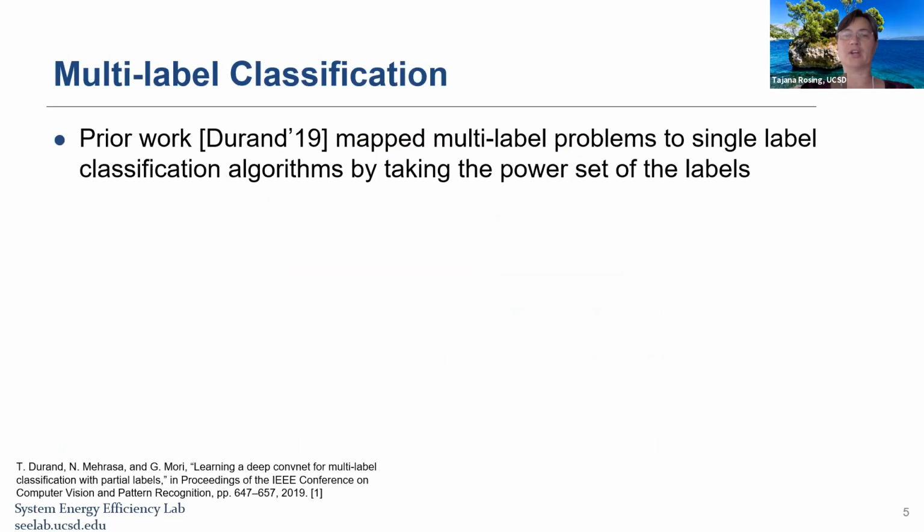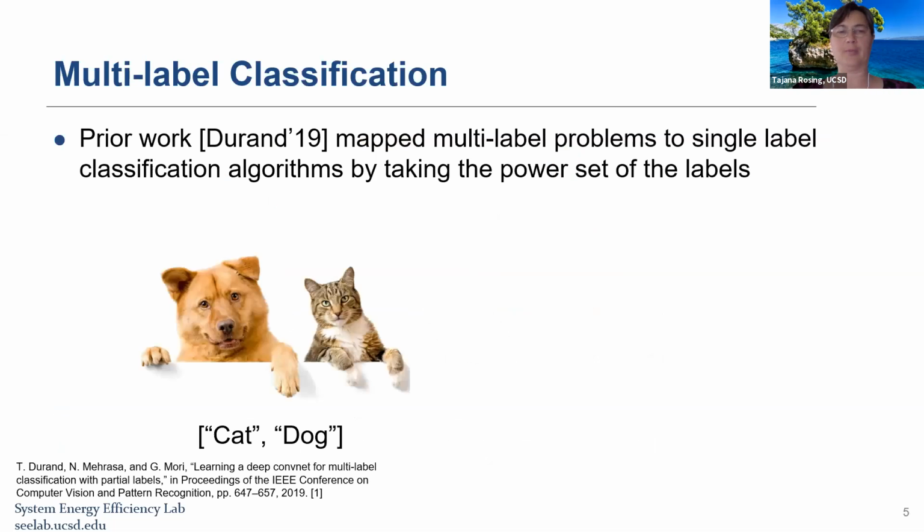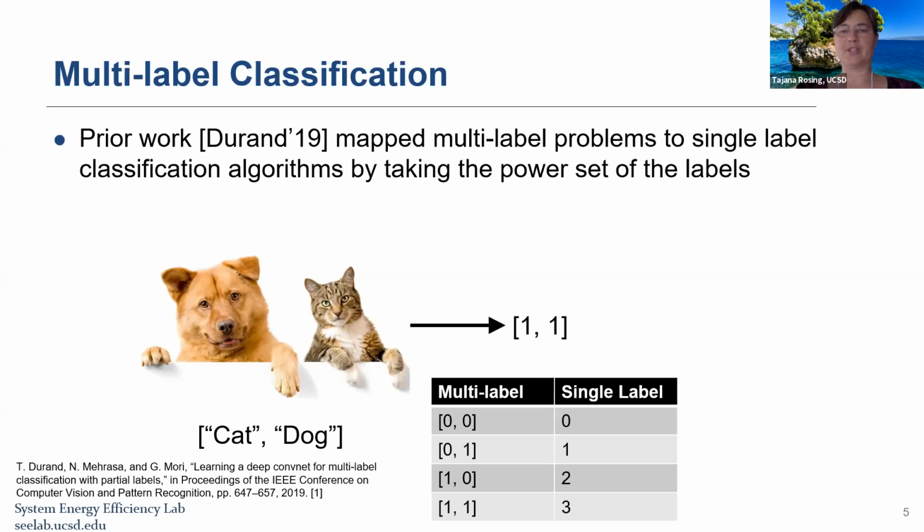So prior work on multi-label classification mapped problems into single label classification algorithms by basically taking the power set of the labels. So if I have an image that has both a cat and a dog, that means that both of the labels, label 0 representing cat and label 1 representing dog, would be set to 1 if both are present. Now, if I wanted to map this into a single label problem, what I would effectively do is look at all of the combinations.